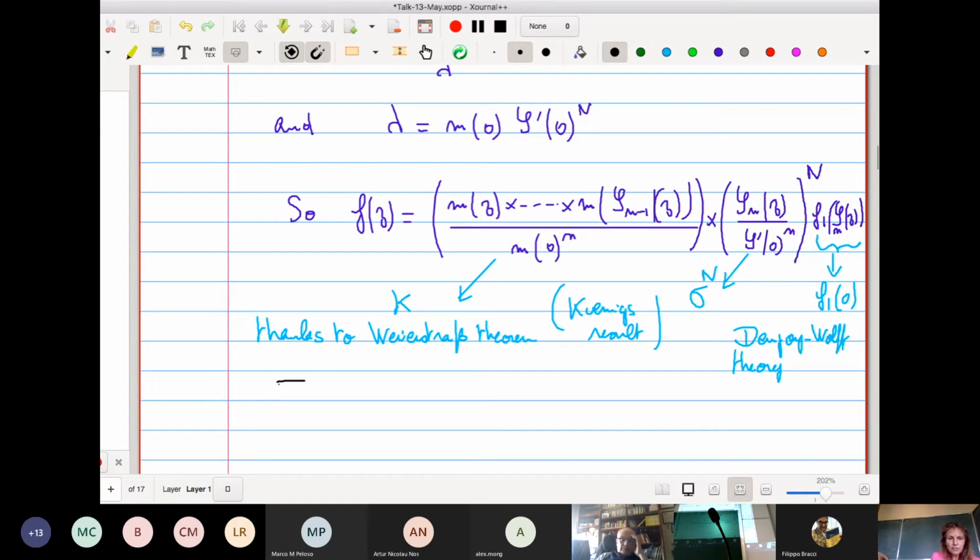So the Weierstrass theorem we use is the fact that for a sum of holomorphic functions hk, the convergence of this will imply the convergence of the product of 1 plus hk.